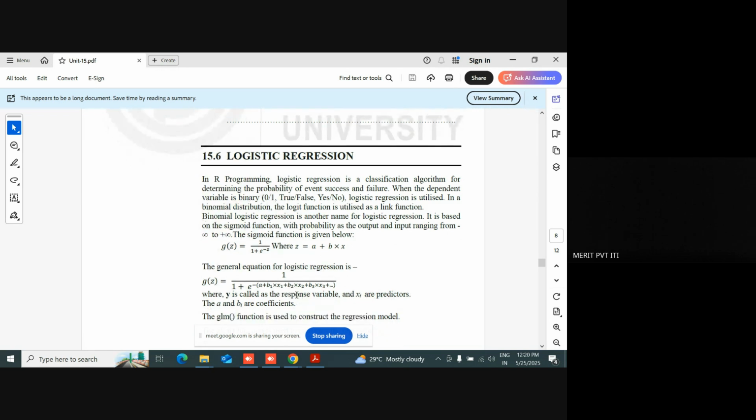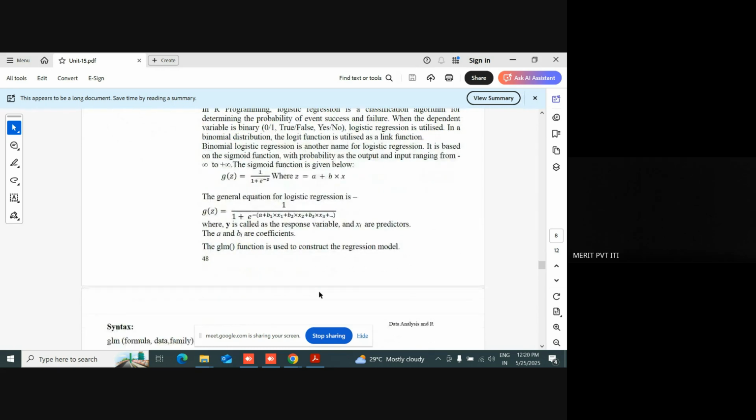So this is the one which is a plus b1x1 plus b2x2. This is more general. The general equation is a plus b1 x1 plus b2 x2 plus b3 x3, etc. So these are the general equations and all that.